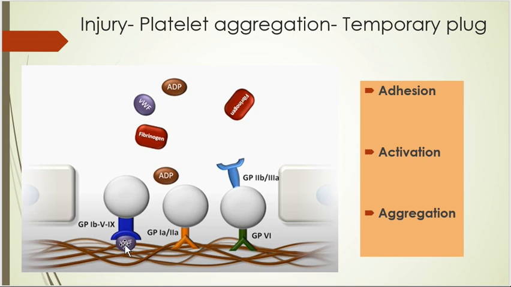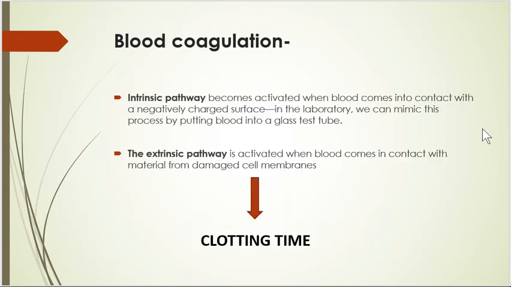This is called platelet adhesion. Once adhesion occurs, platelets release a variety of factors: fibrinogen, von Willebrand factor, ADP. This is called platelet activation. These factors attract all other platelets flowing in blood, which accumulate and attach on this collagen via various receptors. This accumulation of platelets is called platelet aggregation. So this is the physiological mechanism behind this practical.